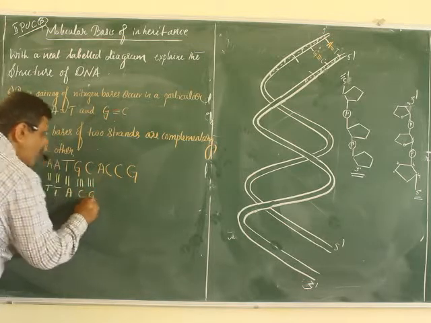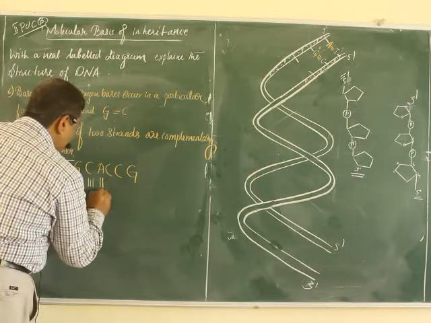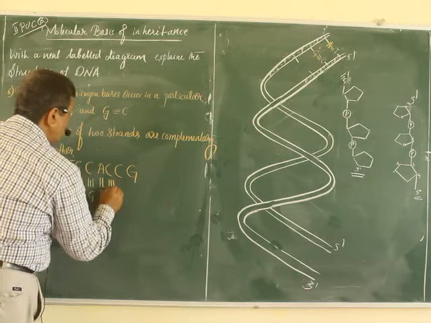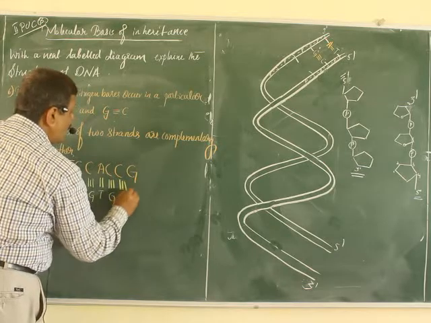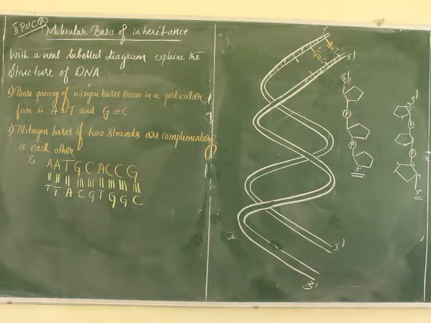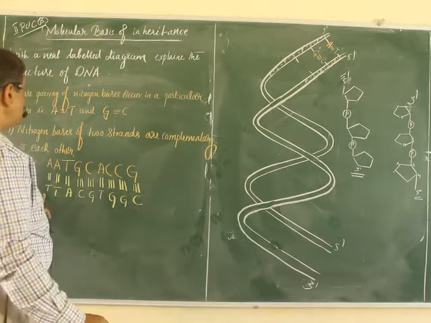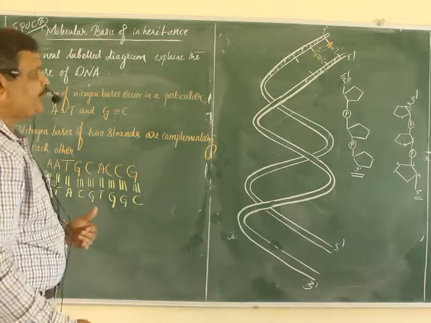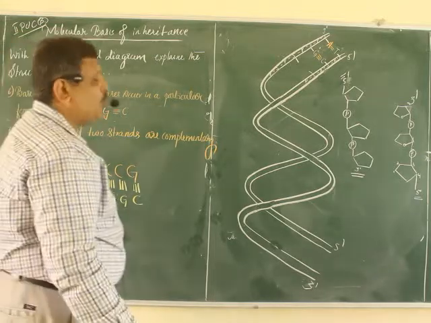Like this it goes. That means if we know the nitrogen base sequence of one strand, we can work out the base sequence of the other strand, because the two strands are complementary to each other. That is the 7th point.